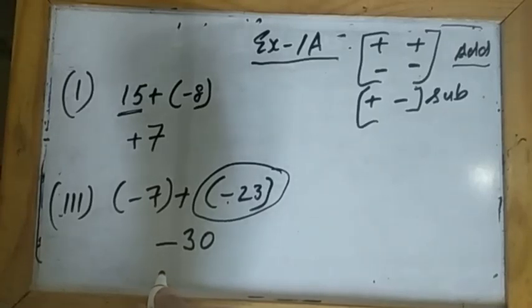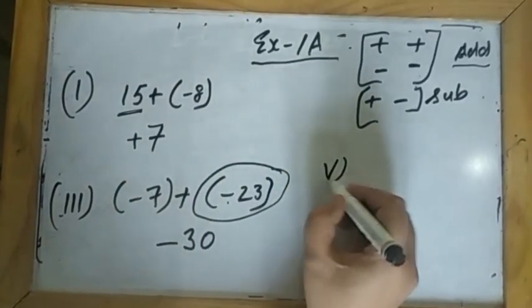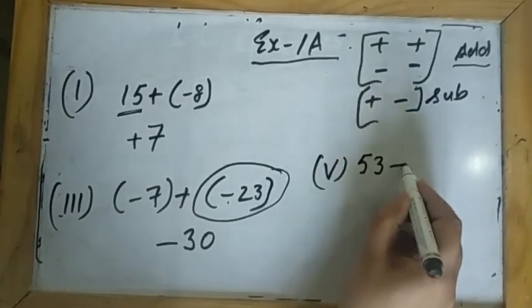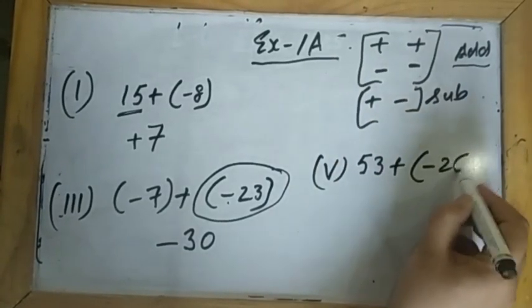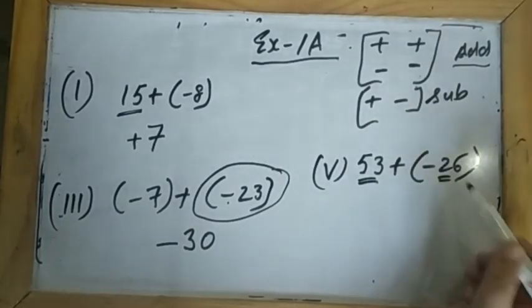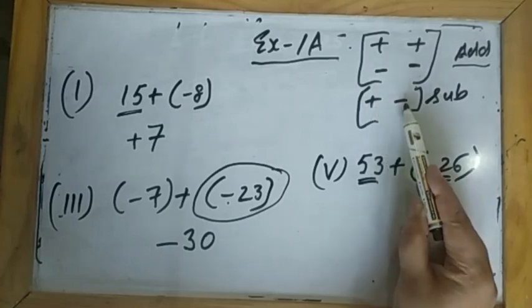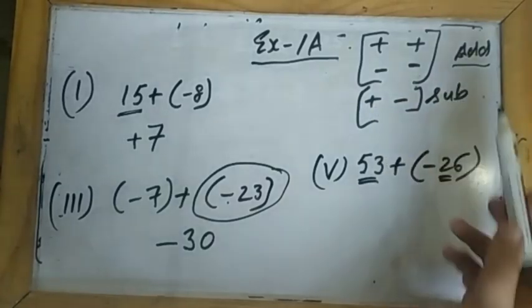Now I'll take one more example. Let me do the fifth part. Fifth part says 53 plus minus 26. So as you can see, this is positive and this is negative. So what the rule says is if one of the integers is positive and one is negative, you have to subtract them.